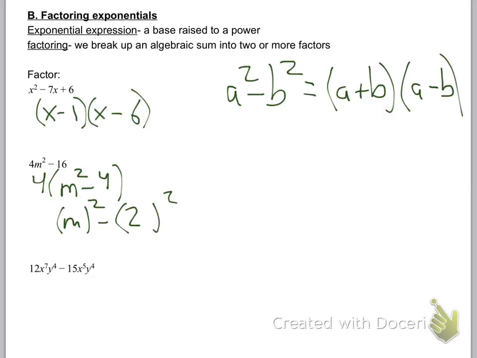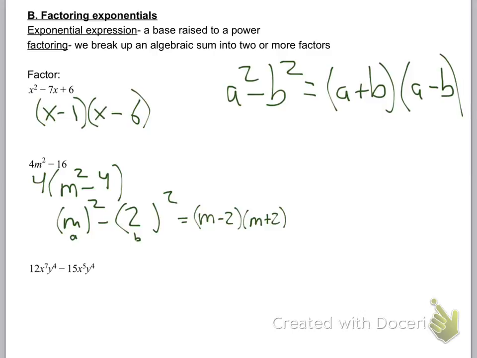Right now, the M and the 2 in our problem is like A and B. So if you need to, go right underneath and put a little A, put a little B, which means this becomes M minus 2 and M plus 2. The order there with the plus and minus doesn't matter.